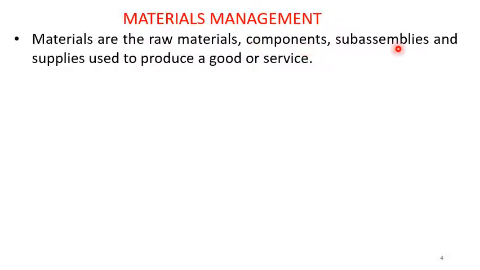There could be sub-assemblies, or supplies or stationery or other items which are required for everyday service, some utilities, or other materials which are used for administrative work, which are not directly connected to production but are required for the running of the organization. So materials could be raw materials, components, sub-assemblies, and supplies used to produce a good or a service.